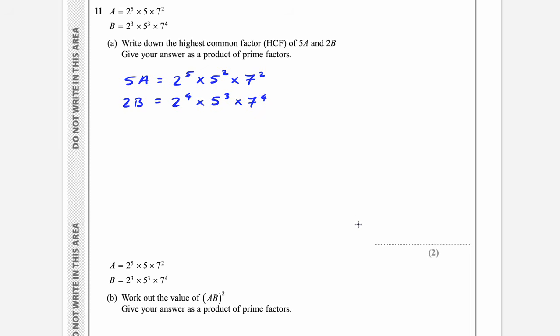So there's 4 2's that are common, so it's 2 to the power 4 times, there's 2 5's, 5 squared, and then there's 2 7's, so that's 7 squared. So this is 2 to the power 4 times 5 squared times 7 squared. Okay, a is this and b is this.